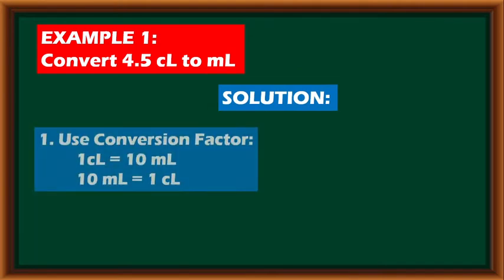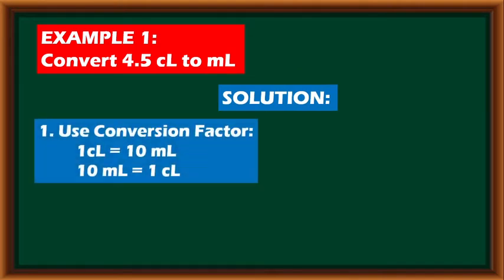Of course, use the conversion factor that in every 1 centiliter is equivalent to 10 milliliter. Or you can have in reverse, 10 milliliter is equal to 1 centiliter. Take note that the given unit is centiliter and the unknown unit is milliliter. So if you will compare the two, from the conversion factor, centiliter is larger unit than milliliter.